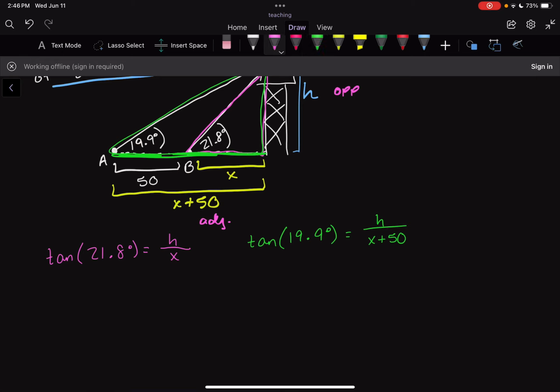Since both of them involve h, let's go ahead and solve them both for h. So if I solve the pink one for h, I would get x times tangent 21.8 degrees is equal to h. And for the green, I would get x plus 50 times tangent 19.9 degrees is equal to h.